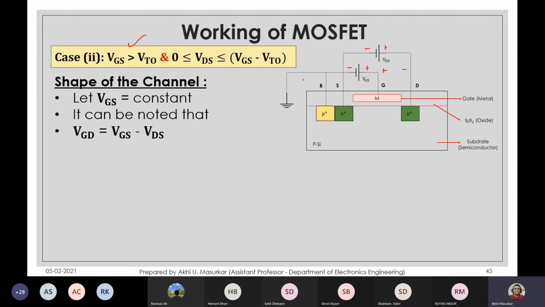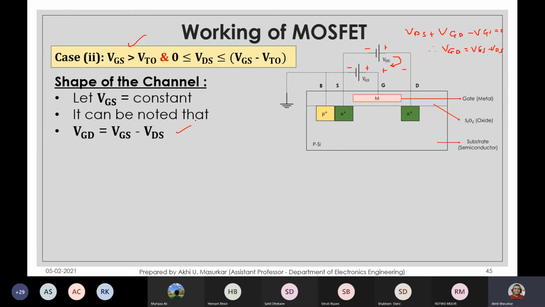Your basic BEE should tell you that if you apply a KVL here, then you should get VDS plus VGD minus VGS equal to 0, and from this you can write VGD is equal to VGS minus VDS. So that's what we have written here.